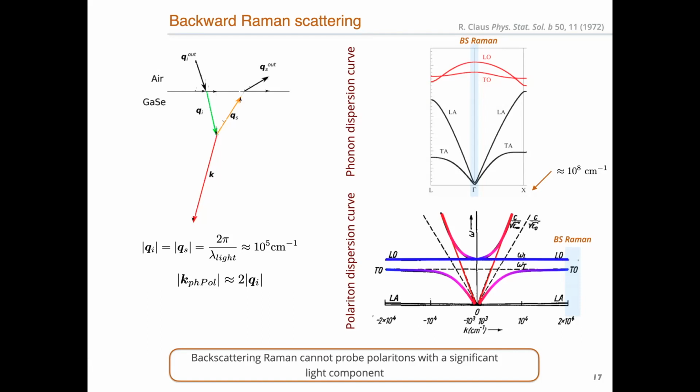So for practical purposes, people say they're looking at phonons at the gamma point, and people imply k equals 0. But it's far from the truth, because if you look at the polariton dispersion curve, 10 to the power 5 is not even on this graph, it's very far. And so you're already in the mechanical regime where all light components of the polariton have disappeared.